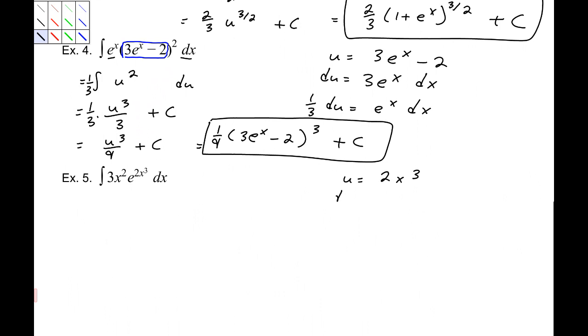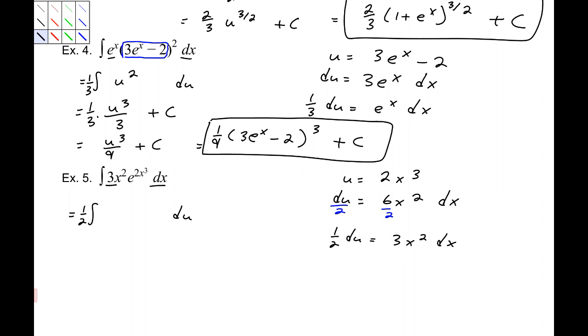And so that makes du, the derivative of that, 6x squared. Now if you notice here, I need a 3x squared dx. I have a 6x squared dx. So what I'll go ahead and do is divide by 2 to make this 1/2 du, and that's 3x squared dx. That's what I wanted. So this integral becomes 1/2 du.